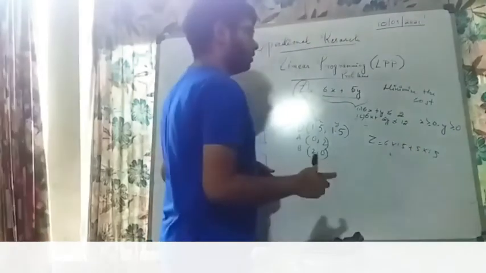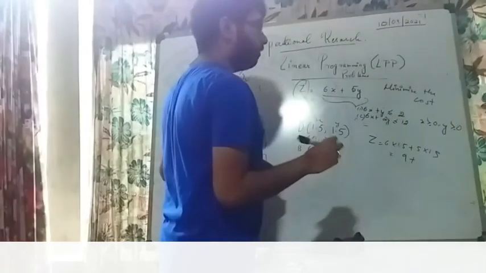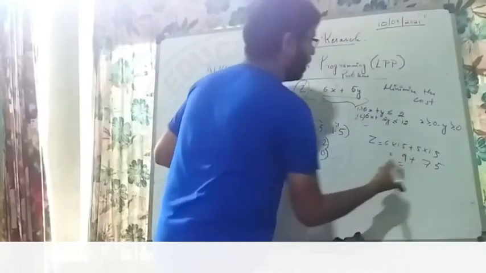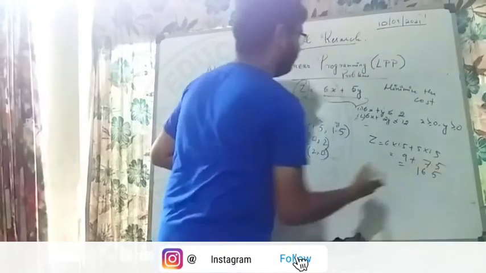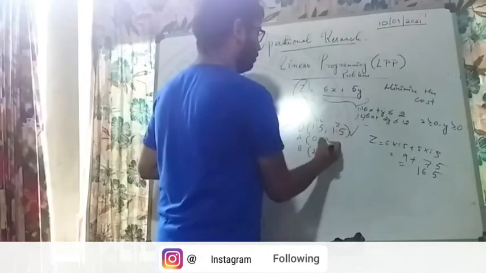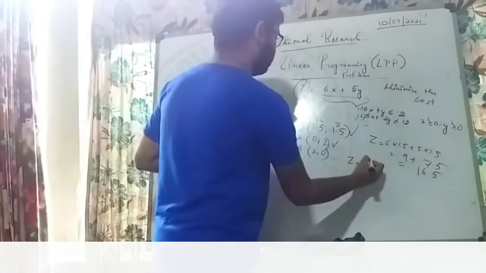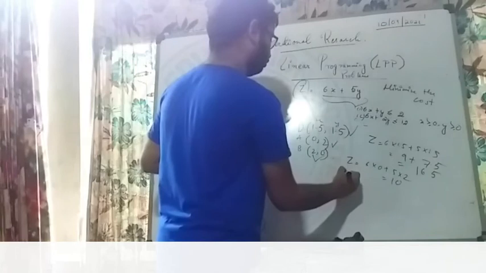So if we put Z equal to 6 into 1.5 plus 5 into 1.5, it comes to 9 plus 7.5, which is 16.5. Now putting the next value, Z equal to 6 into 0 plus 5 into 2, which is 10.